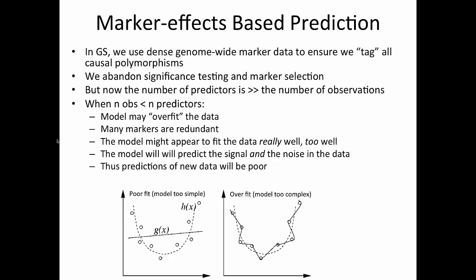This is going to overfit the model if we just use our multiple regression approach with, let's say, 1,000 markers and 100 individuals. This little example shows a data set where you have a quadratic relationship between two variables. In one case, you could try to fit a linear regression through this data.